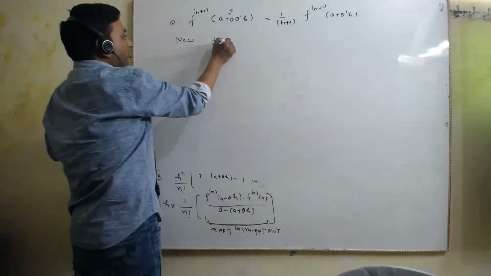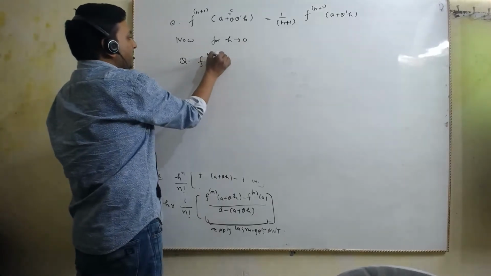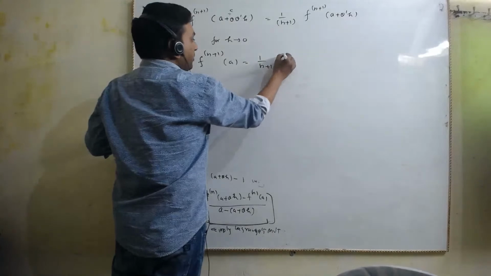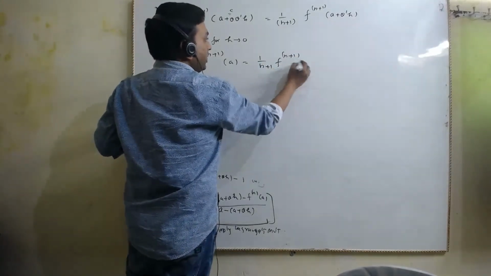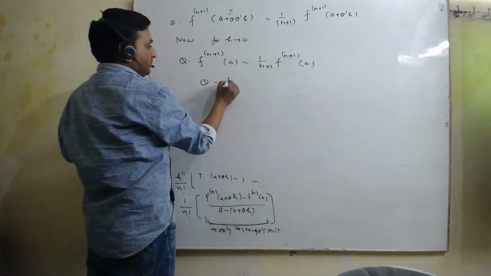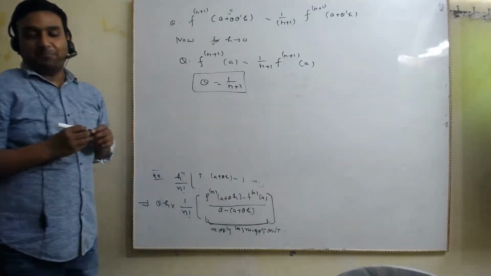Now for h tends to 0, what I will have? Theta into f n plus 1 a equals 1 upon n plus 1 into this got cancelled. So this implies theta equals 1 upon n plus 1. Please note it down.